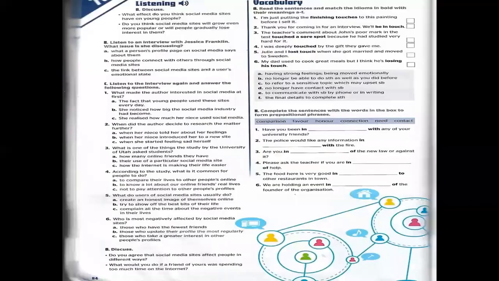Okay, now if you go back to the page, we have page 84. Here you have 6 sentences, and in each sentence we use one of the idioms we talked about. If you look at the first sentence, we use finishing touches, being touched, touch the sore spot, touched, lost touch, losing his touch.